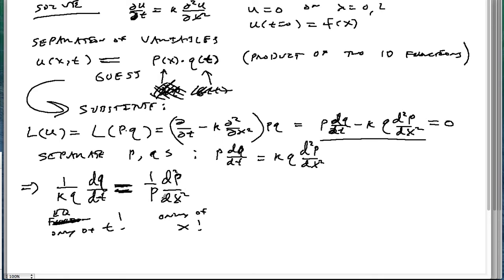If two functions of two different variables are equal to each other, they have to be equal to a constant. It's the only way two functions of different variables can be equal. That constant could be 0, positive, or negative. We don't know. But this is just a notational gimmick that we always do for these equations: we're going to make it equal to negative lambda, where right now lambda is unknown.